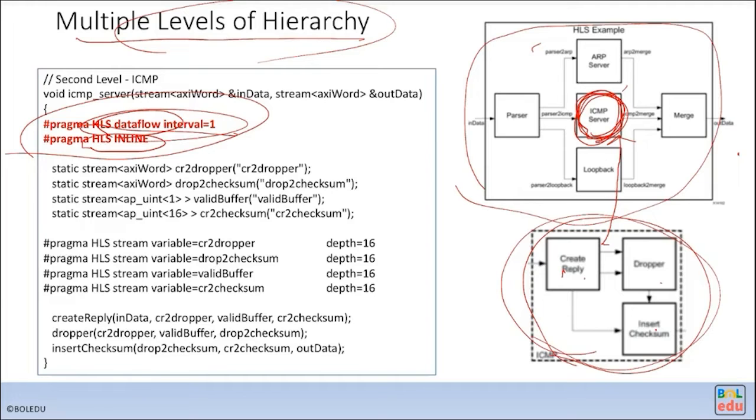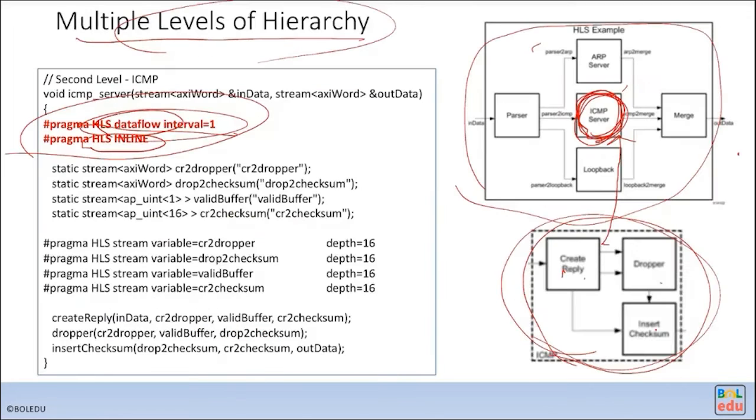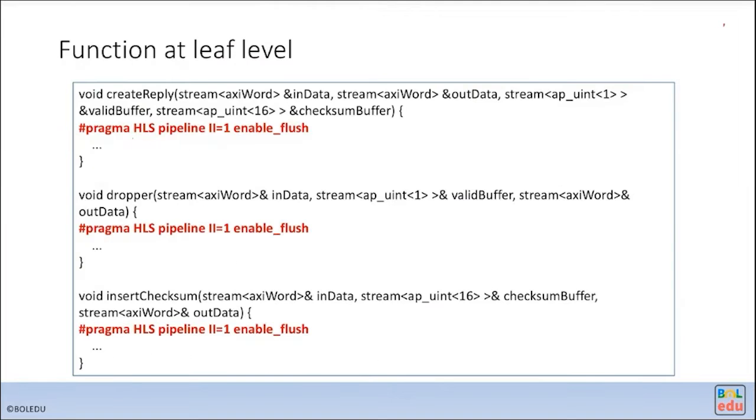And for the function at the leaf, meaning the leaf of the data flow, you need to specify pipeline. Let's say this function is the leaf function of the data flow.